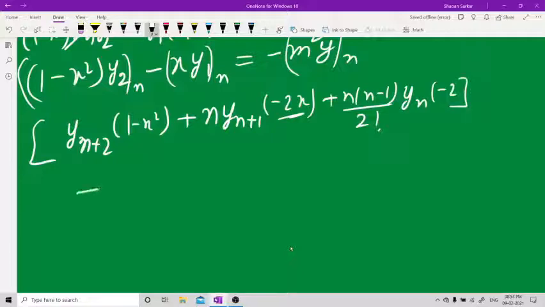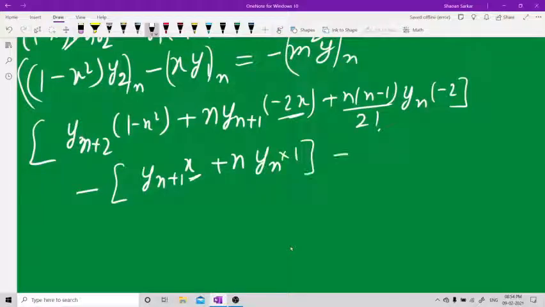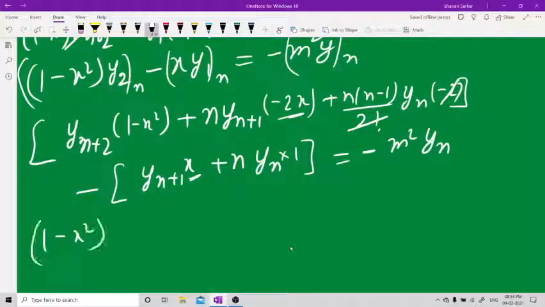Now start with this bracket, minus, nC0 is 1, y(n+1) x, plus nC1 is n, this is yn, and the derivative of this is 1, no need to go further, minus m square yn, end. Now this 2 will cancel with this 2.